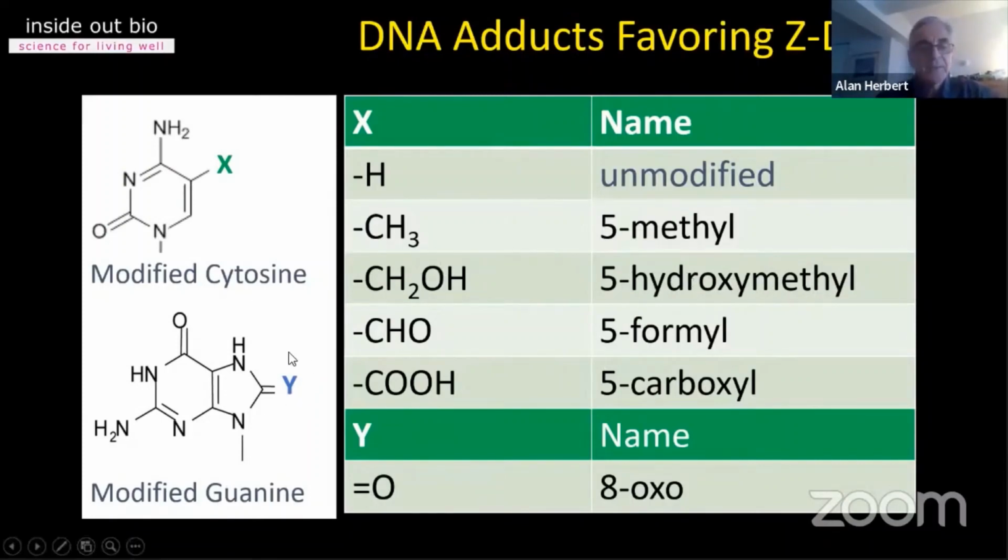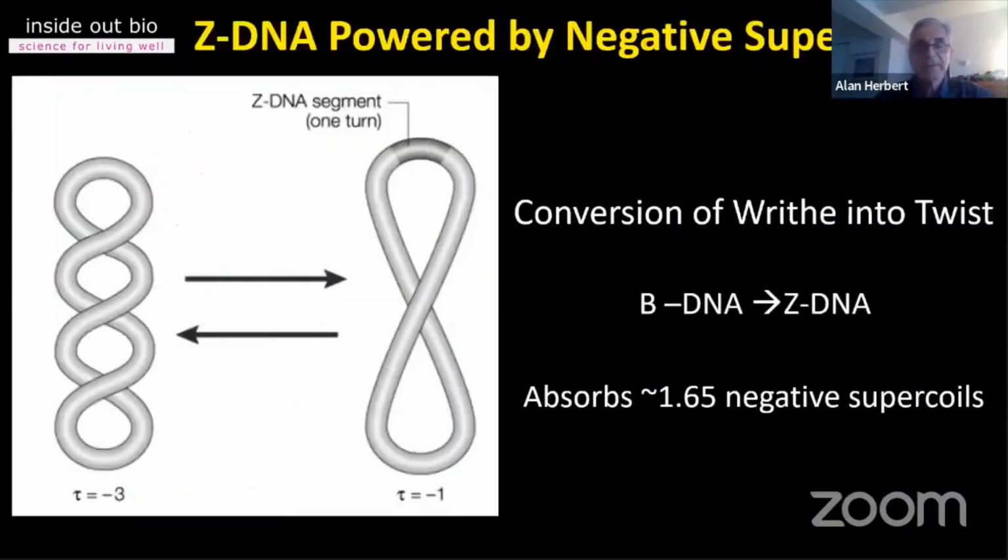In terms of guanine, we can get oxidative modifications that affect the ring position, and they also increase the propensity to form Z-DNA and also G4 DNA. So in some ways, in those particular contexts, these base modifications allow a cell to sense that there's oxidative damage occurring and form an alternative conformation that can activate particular biological repair processes.